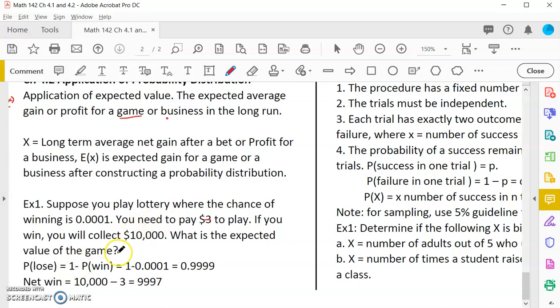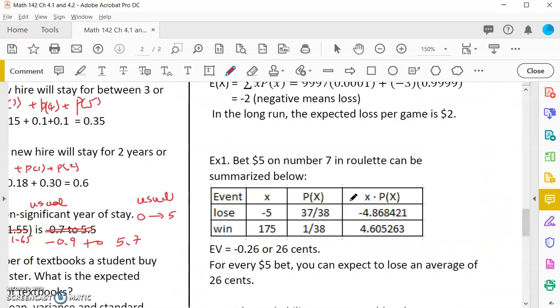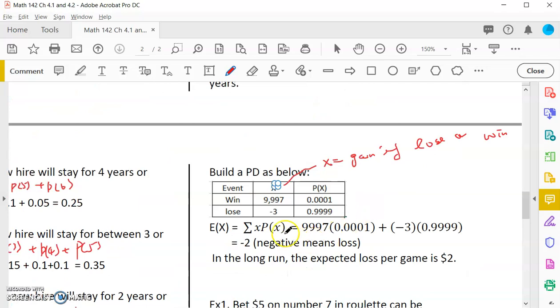That you did not win anything is 1 minus 0.0001, which is 0.9999. So if I win, my net gain is 9997. My net gain for losing is that I lose the $3 of the bet. Probability of winning is 0.0001, given, and losing is 1 minus this number, 0.9999.